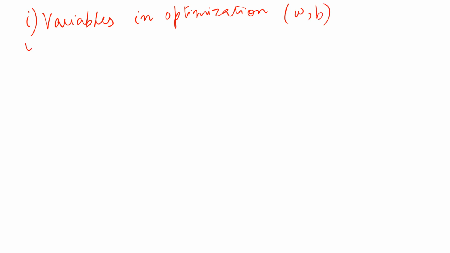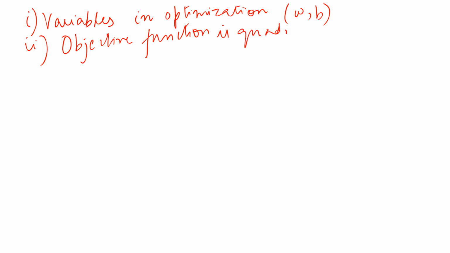The second observation that I have from this problem is that the objective function is quadratic. It's important from the perspective of optimization itself. Quadratic functions have certain set rules that we will utilize in order to solve them.